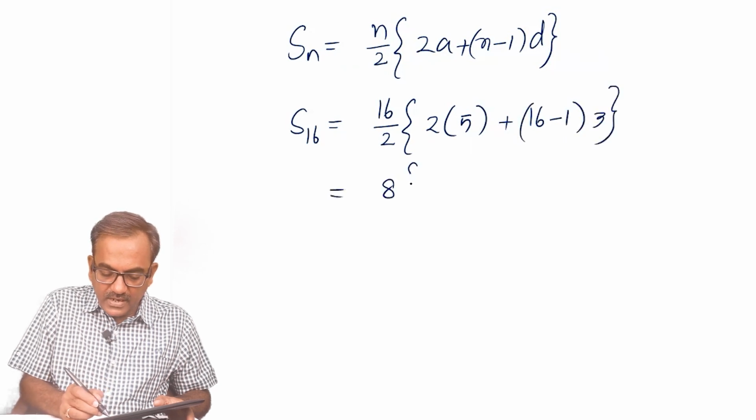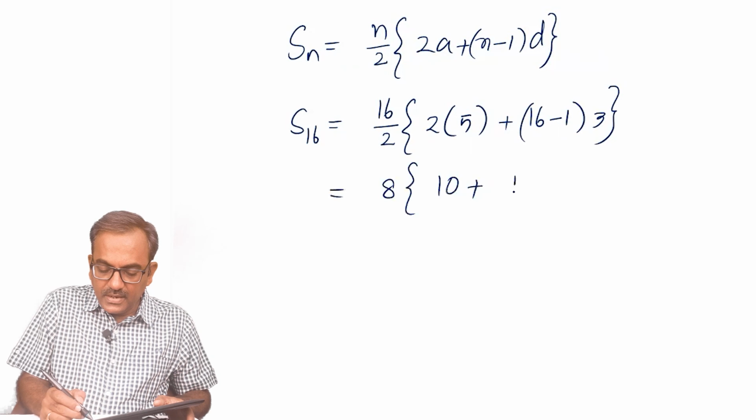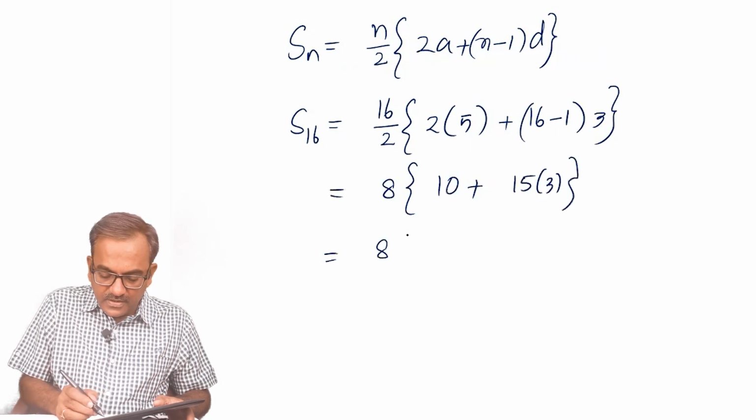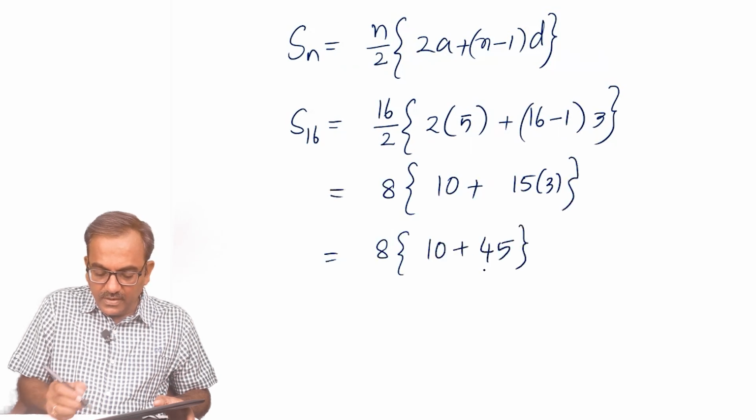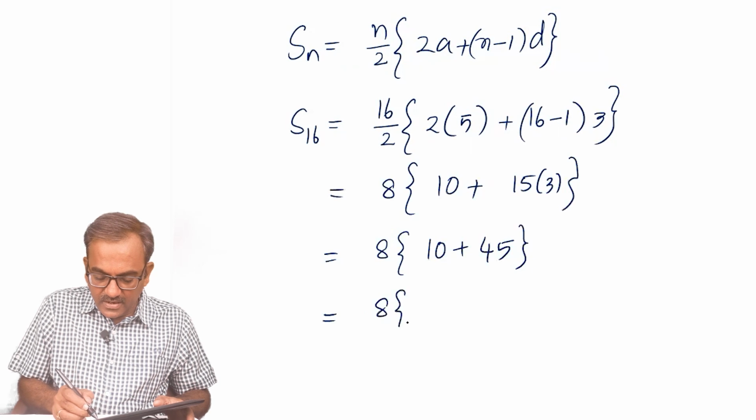This is 8 times 10 plus 15 into 3. So this is 8 times 10 plus 45. Again, this is 8 into 55.